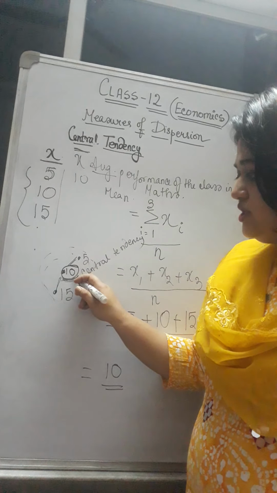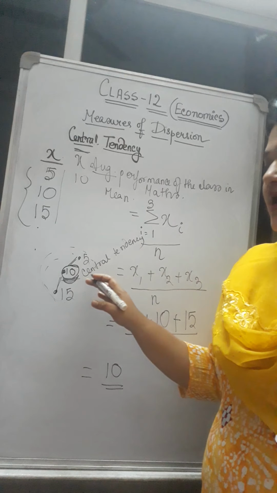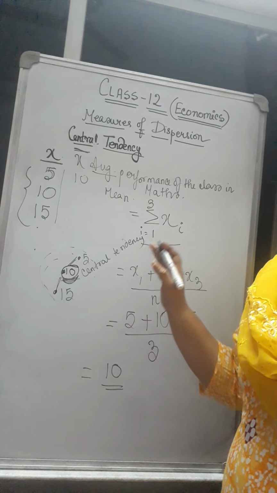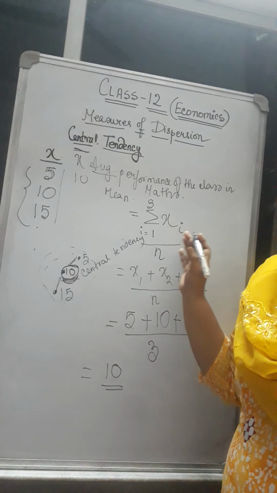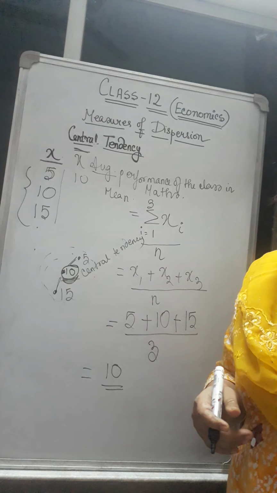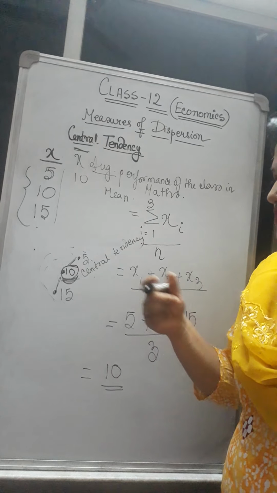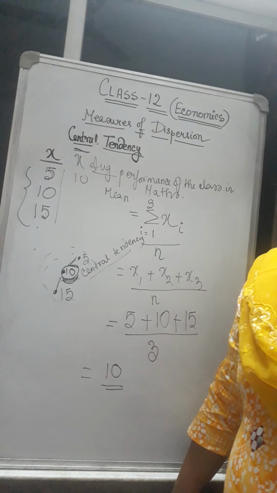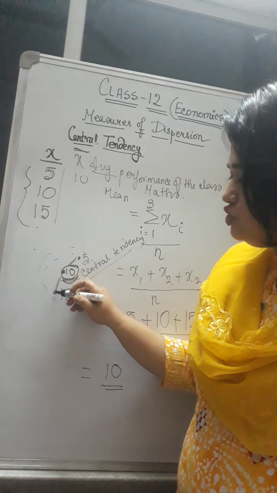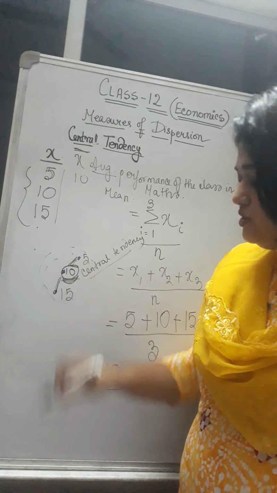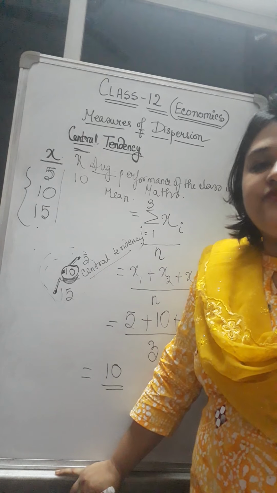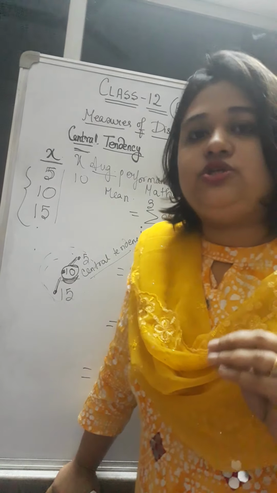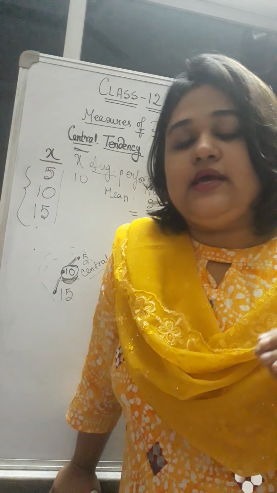So average can be calculated by the mean, median and mode. We call them measures of central tendency. How to measure the central tendency value. Now the closer the marks are towards your average, that means your average gives an accurate picture of your performance.